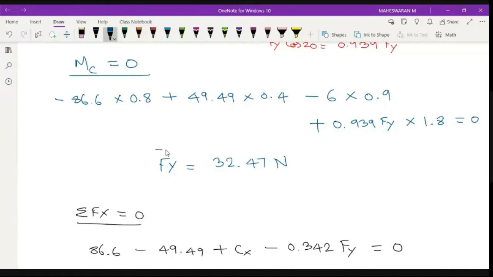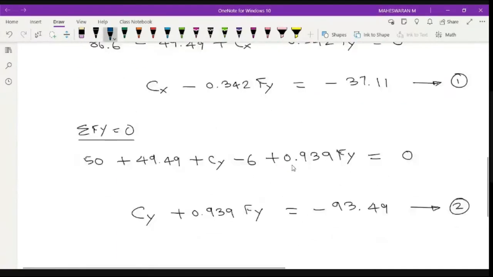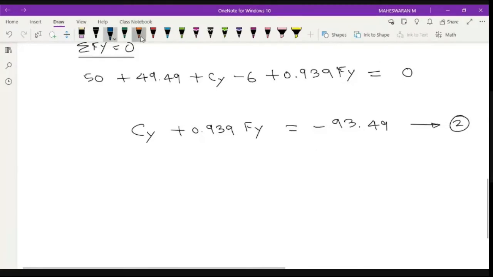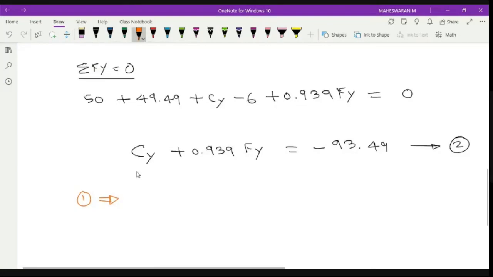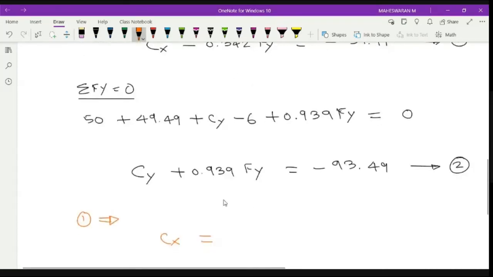Okay. Since I got this value Fy, I can substitute it in equation 1 and equation 2. We'll identify the values of Cx and Cy. Let me substitute in equation 1. Cx is equal to minus 37.11, so this becomes plus 0.342 into Fy.